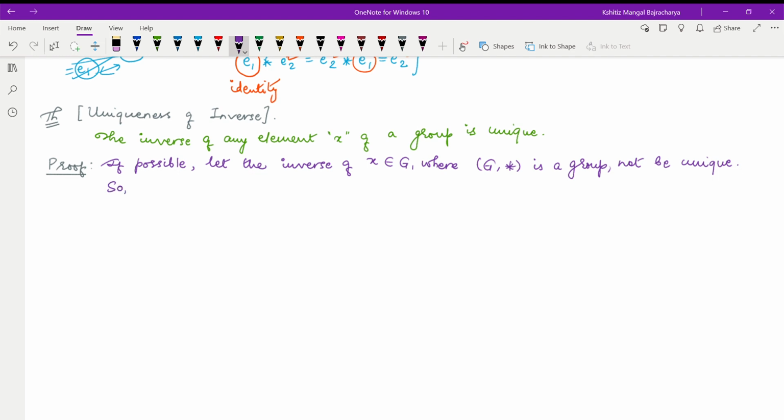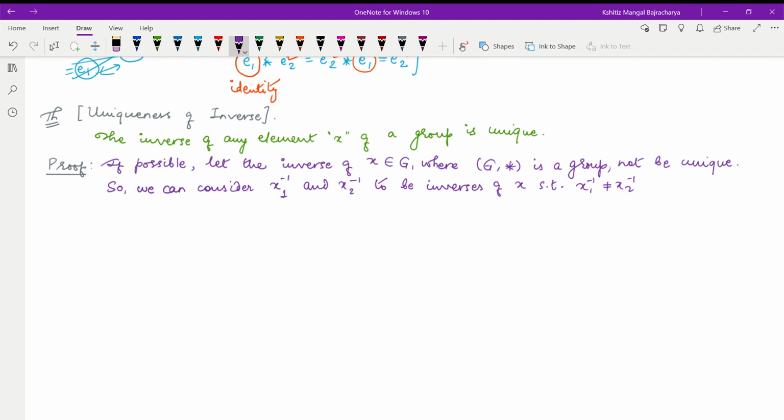So we can assume that we can consider inverses x1 inverse and x2 inverse to be inverses of x, such that x1 inverse is not equal to x2 inverse.